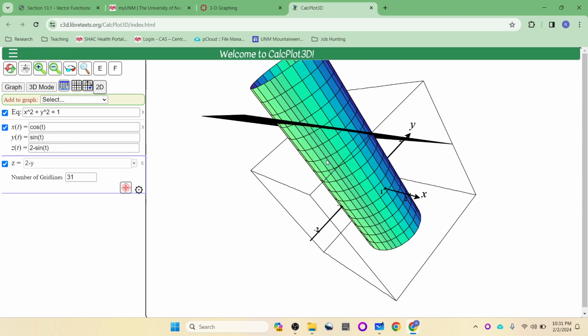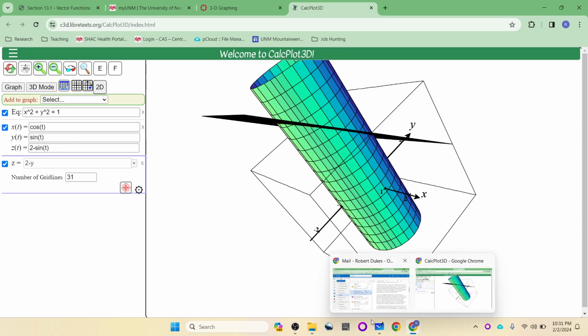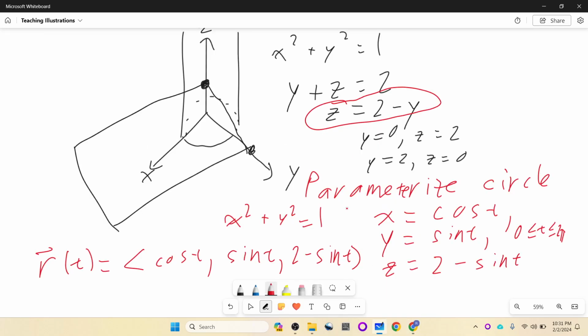I'm not really sure what this shape is in space. You'd have to do some algebra, maybe some completing the square, to figure out exactly what this represents. But we got the idea. This describes all the points. From above, it looks like a circle. From the side, it looks slanted. It is what it is.